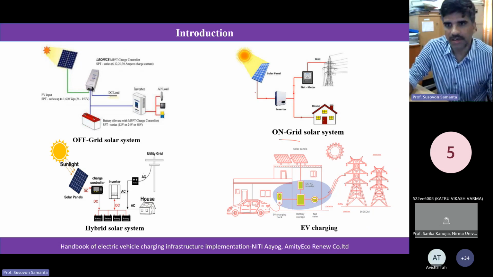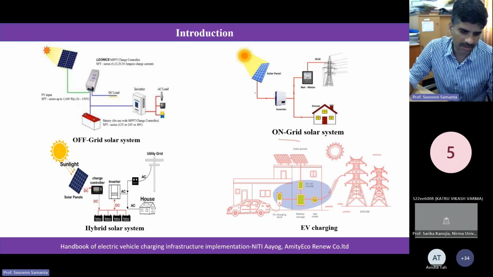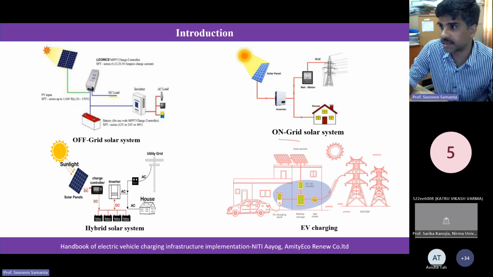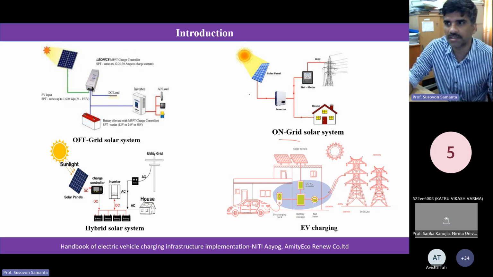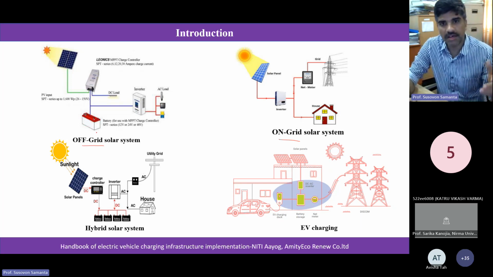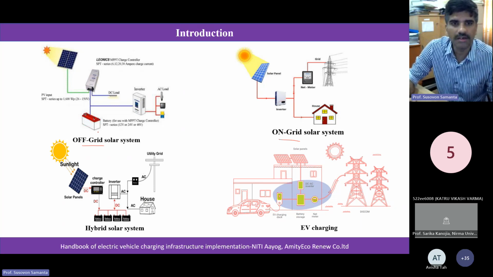And from the grid, you are taking your power, and the difference is, if you have more power generated than you consumed, then obviously you will get that money back. Now there is an off-grid solar system in some areas where grid is not available.